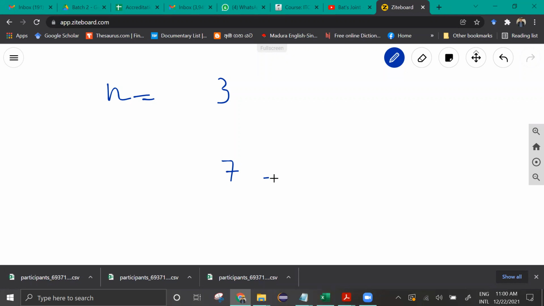So it is close to 2 to the power 3. So 2 to the power n. That's why it is called 2 to the power n, exponential.